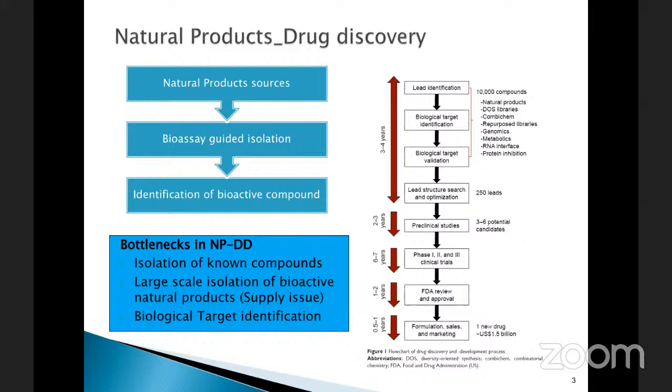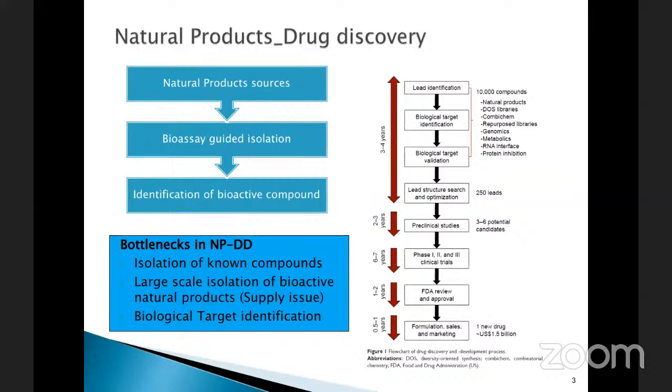Now, this is also important in natural products, or molecules obtained from biological origin: we are really not sure initially which is the biological target for this molecule, because it is not designed for that particular target, and that's one of the major concerns.